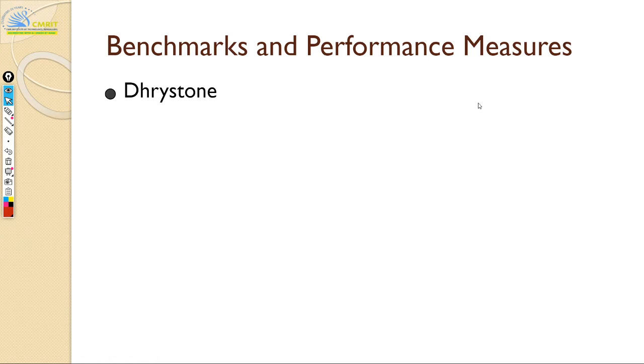One is Dhrystone, which is a standard benchmark still in use even today. It doesn't matter what computer you're working on, whether a massive supercomputer or your cell phone, from the supercomputer range all the way down to PCs, laptops, servers, and cell phones. Every place where they design and develop a processor, they are going to run Dhrystone and measure its performance.